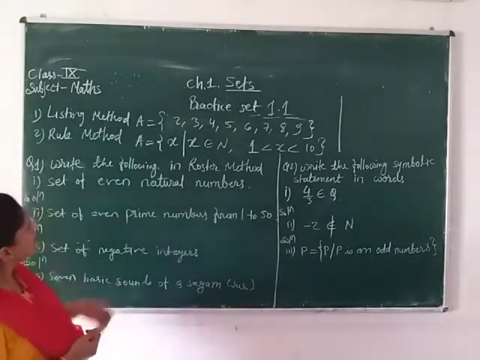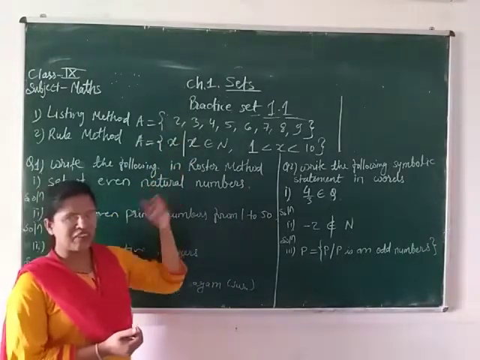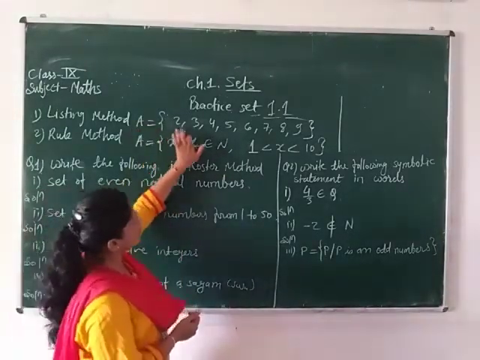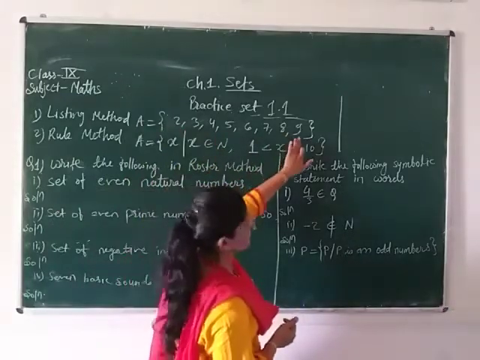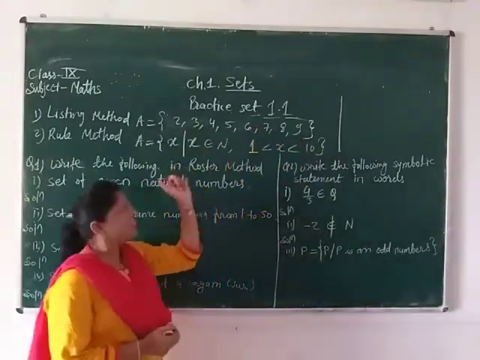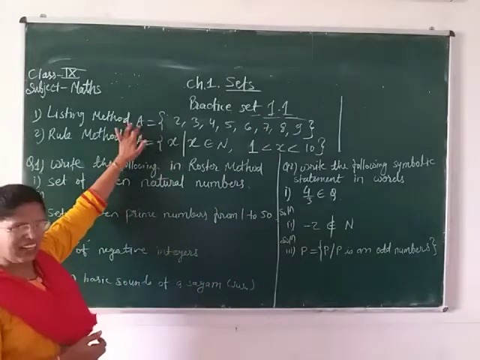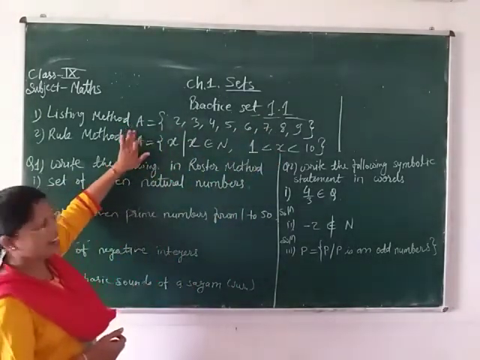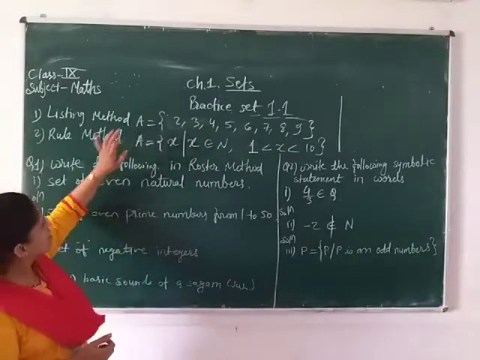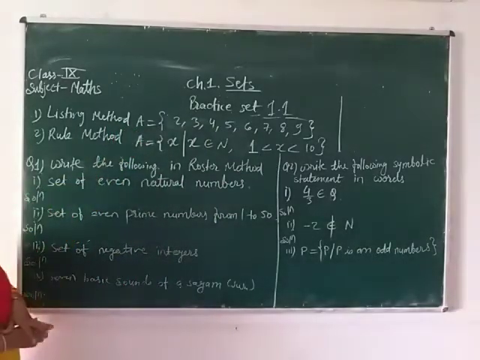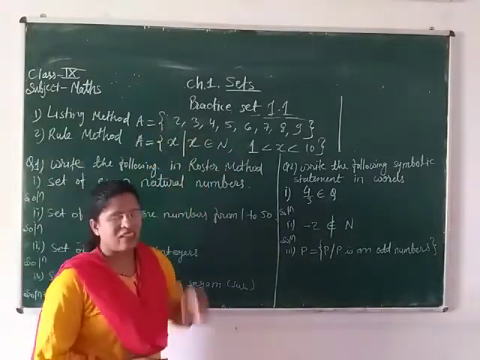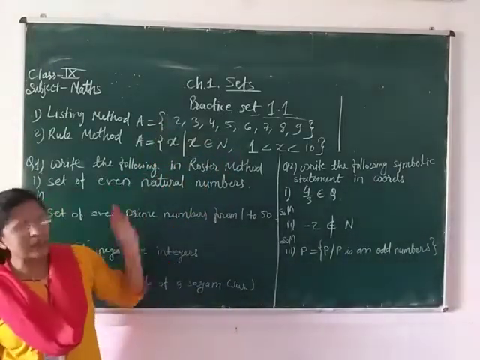So A equals the elements in curly brackets, that is the set A. In those elements, they must not be repeated.